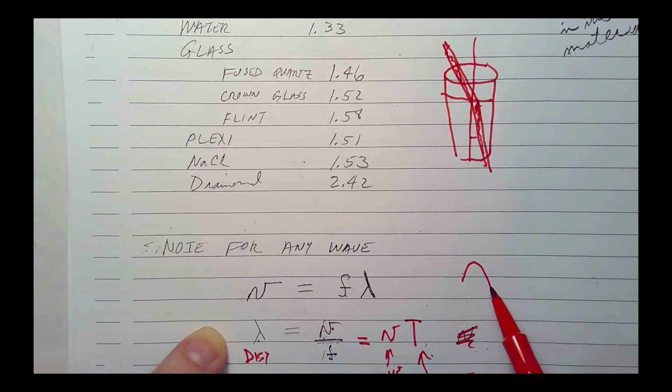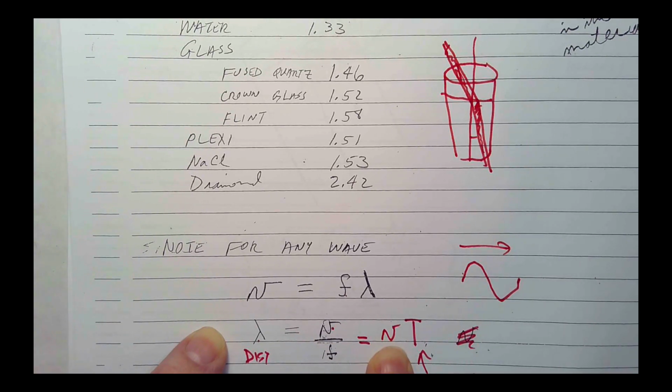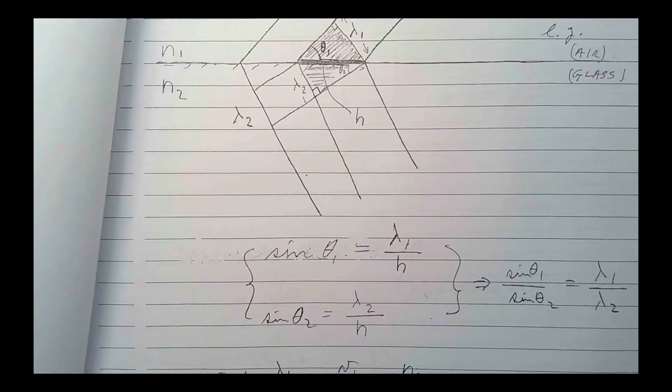For a wave, it says that the wave travels 1 wavelength at velocity v in the time, the period of the oscillation. Okay. So now with this new definition of velocity in terms of the index of refraction, lambda is v over f, lambda is c over n times that. Okay. So here's the punchline.